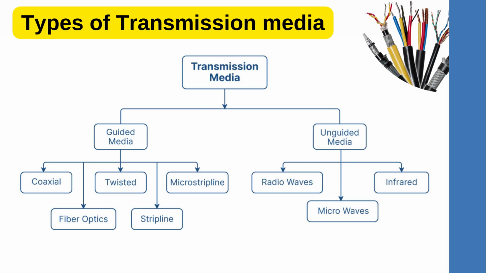Unguided media means transmission and reception are achieved by means of an antenna. We find types of guided media, which are coaxial cables, fiber optics, twisted pair, strip line, and microstrip line. Under unguided media, we learn three types, which are radio waves, microwaves, and infrared.